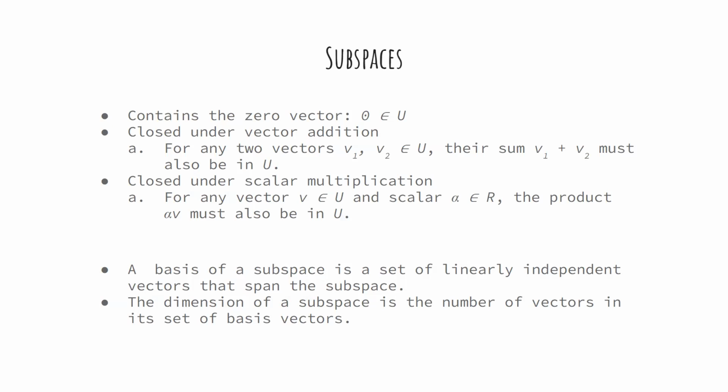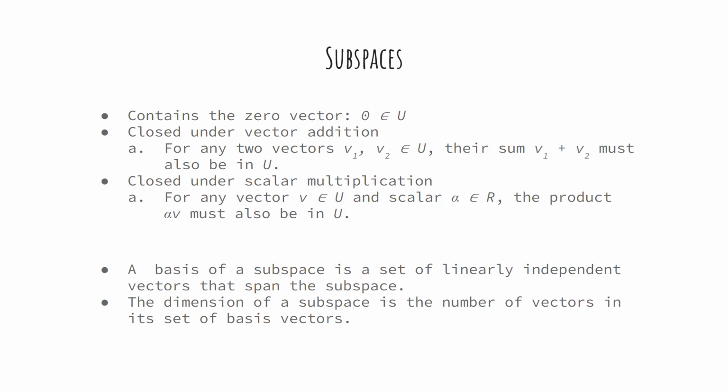Closed under vector addition means if you have two vectors, v1 and v2, their sum v1 plus v2 should also be in our subspace U. And similarly for scalar multiplication, if you have any vector v that belongs to our subspace U and a scalar alpha that is a real number, then the product alpha times v should also be in our subspace U.